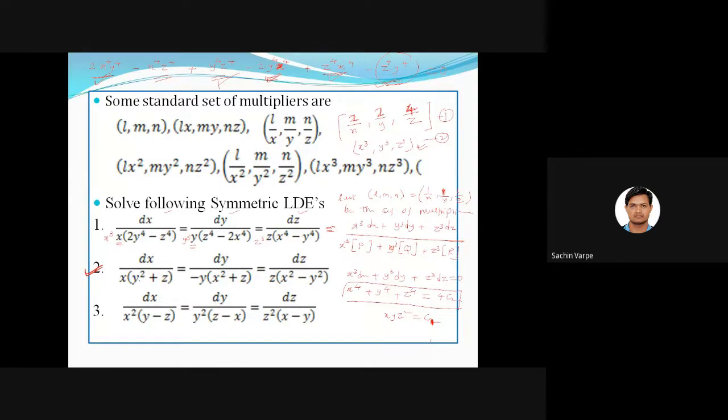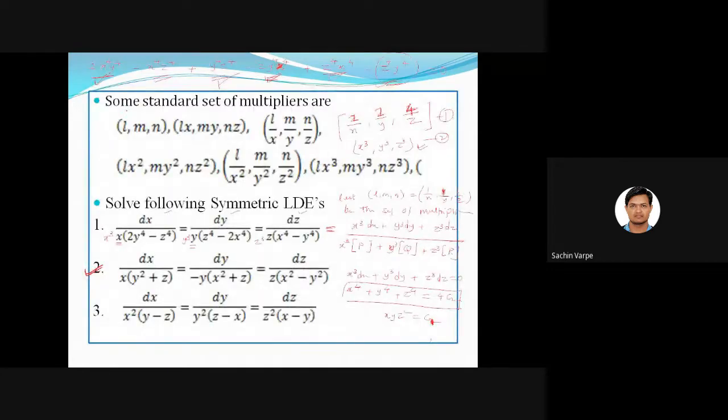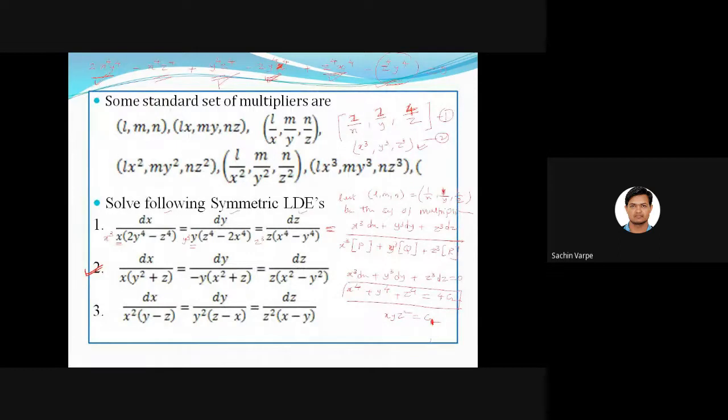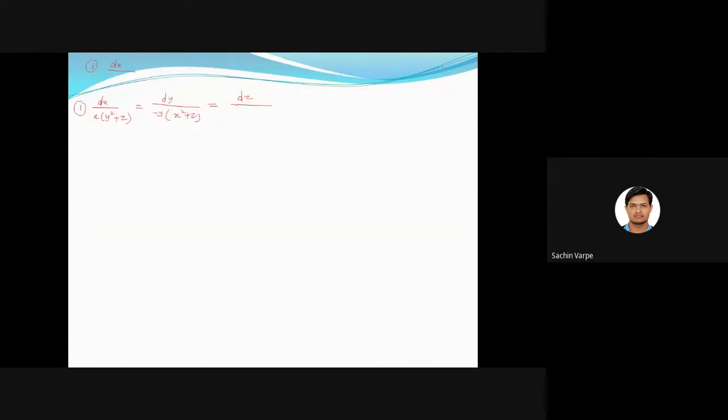I'm writing here: dx upon x into y square plus z, equal to dy upon minus y into x square plus z, is equal to dz upon z into x square minus y square.